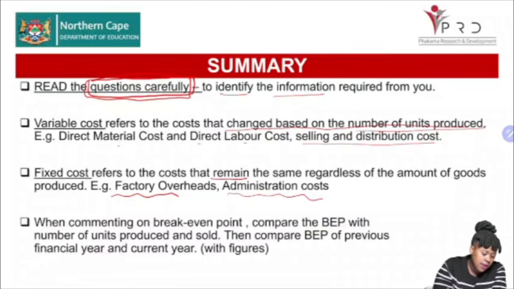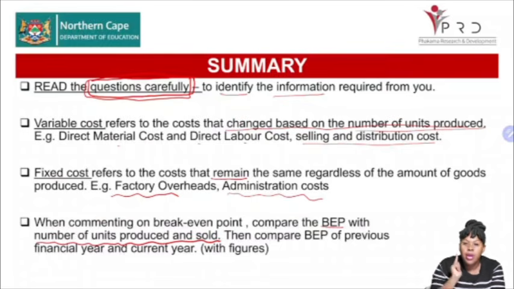Okay. Then, when commenting on the break-even point, compare the break-even point with the number of units produced and sold. That is the first point that you're going to start at. But obviously, looking at the keywords, remember you must read. So when you see those keywords, then you'll be able to know what you need to do and how you need to answer the question.